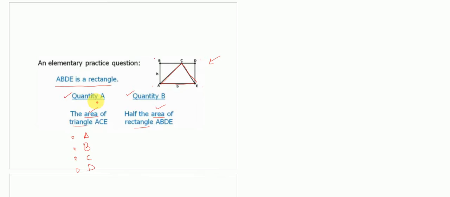Quantity A is the area of a triangle, and we know that the area of a triangle is half of the triangle's base multiplied by its height. So that's column A. What about column B? Column B is half the area of rectangle ABDE. So how do we calculate the area of a rectangle?